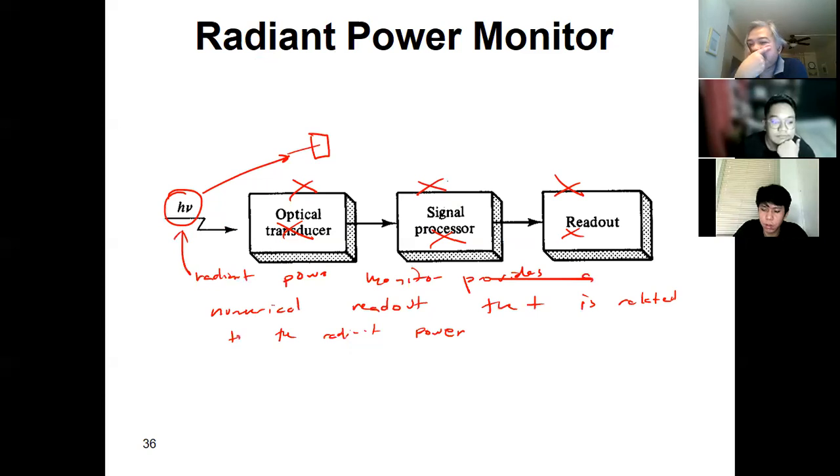The way you're going to look at this, especially if you're using a high energy source, you have to make sure that it will not destroy your sample.